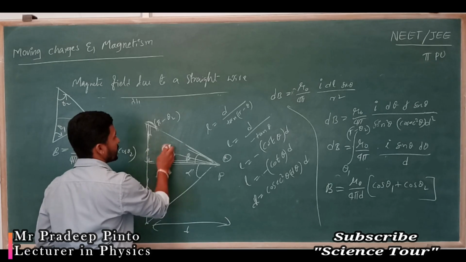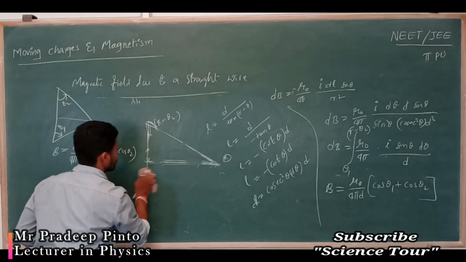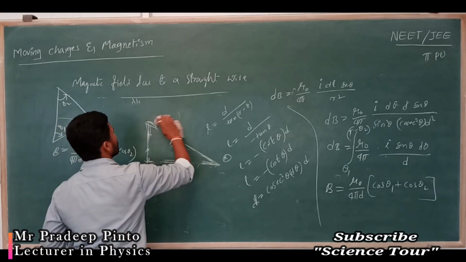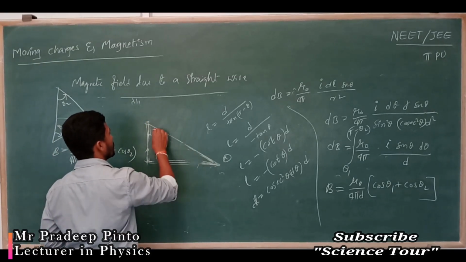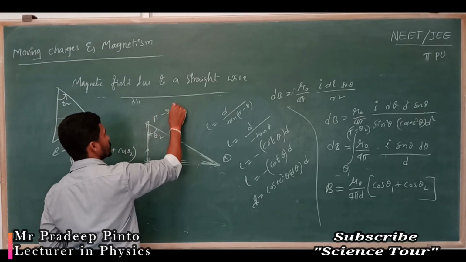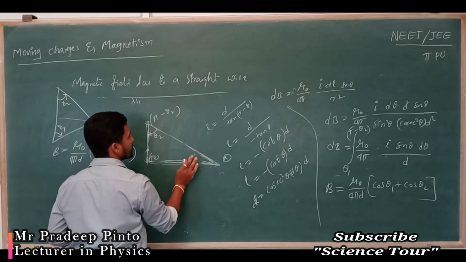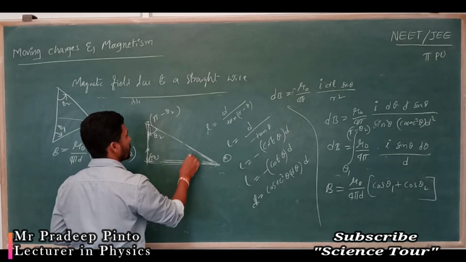So this was theta 2, this was pi minus theta 2, and this is 90 degree, and this is angle beta.